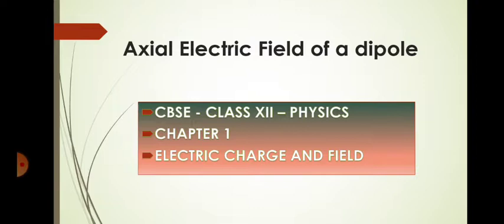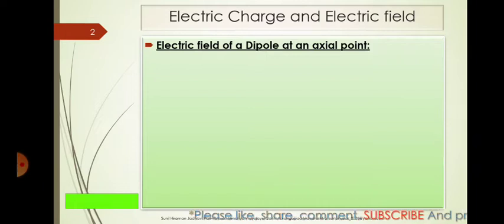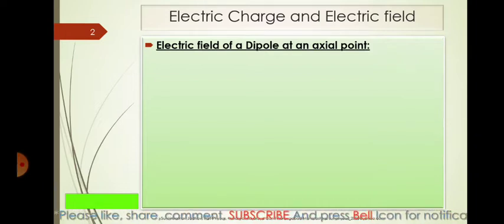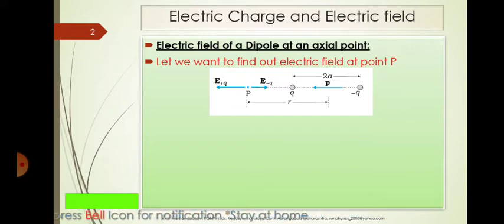Okay, so let's start. First of all we'll see what the meaning of an axial point is. Our intention here is to find the axial electric field, or electric field at an axial point. So for this case, let us consider we have an electric dipole as shown in the figure.